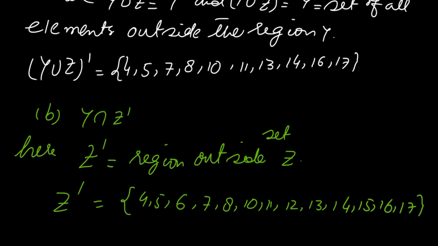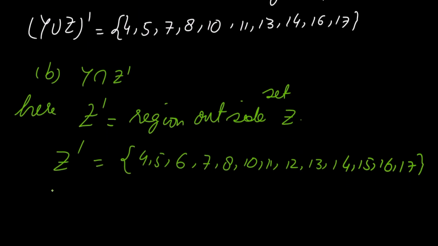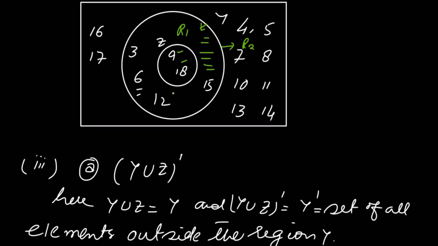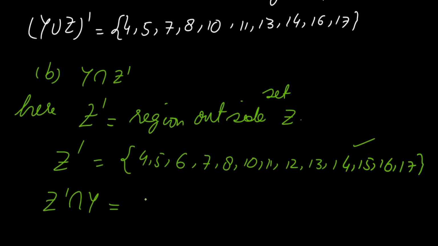So this is Z complement. Now the intersection of Z complement with Y. When you take the intersection of this set with Y, you can clearly see the common elements are 3, 6, 12, 15.